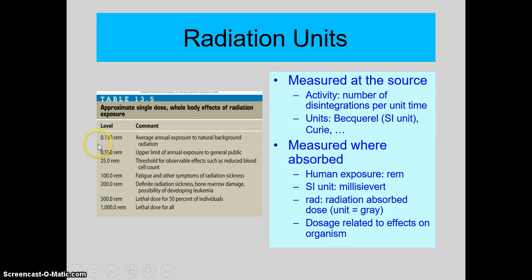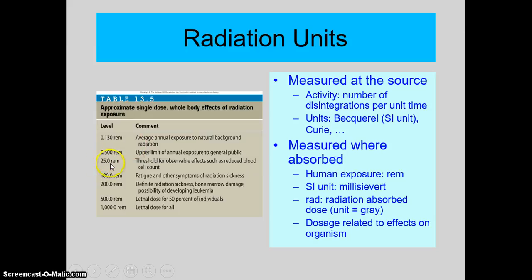And we think that the government has determined about half a rem is the upper limit of what people should be exposed to. When you get into the really high dosages of radiation, 25 rem, you're going to start to see radiation sickness begin. At 100 rem you really start to see people actually getting sick all around you.